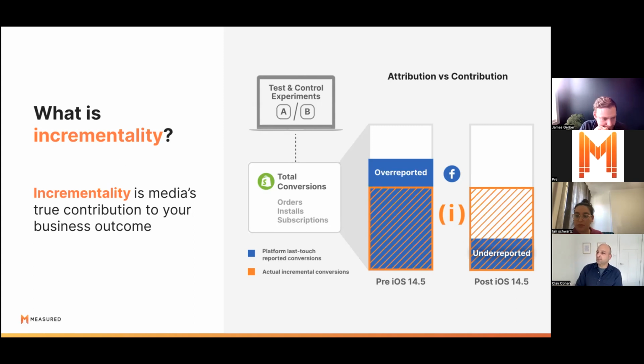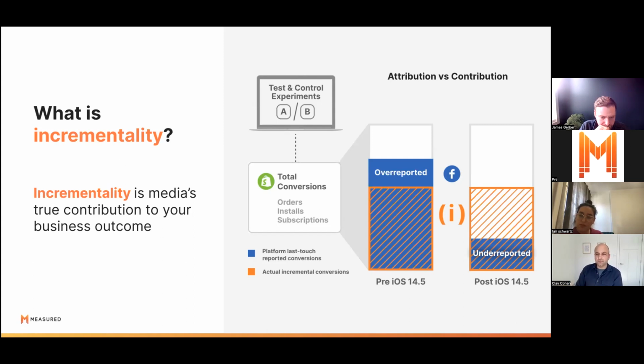In this example, we're showcasing, and again, this is just an example, it's a little over-exaggerated to illustrate the point. But in this example, pre-iOS 14.5, it was really common for Facebook to over-report performance because they were taking credit for a lot of conversions, or to put it another way, they may not have been accounting for conversions that would have happened anyway, had someone seen the ad and then converted. So they ended up actually taking more credit than was typically due when we ran our incrementality tests.